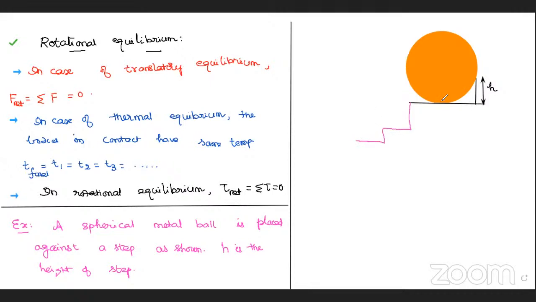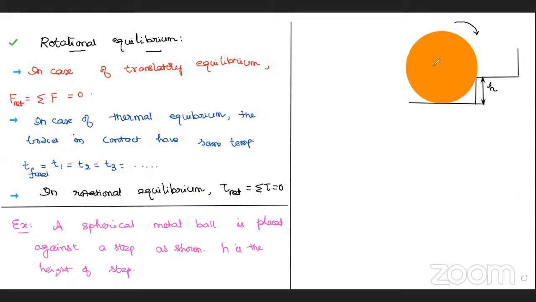Understood? Then he wants to roll that roller onto the next step here. This is the next step. He wants to roll it onto the next step, like this.